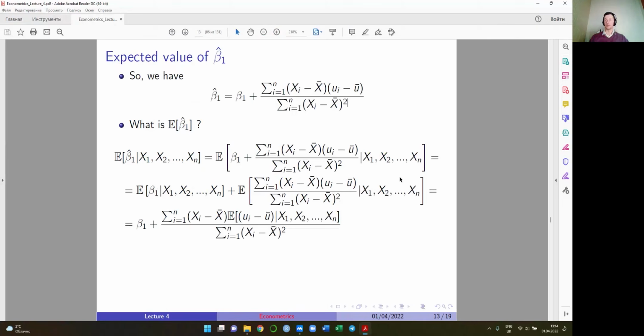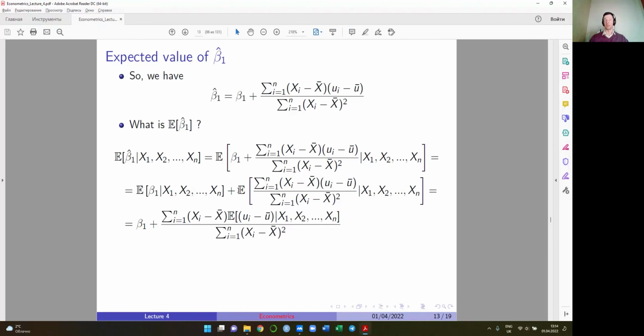In this case, look, x1, x2, and so on are known. So I know these numbers. Therefore, these expressions are also known. And the only unknown thing for me is u, the error term. So this is the random part of the whole term here.